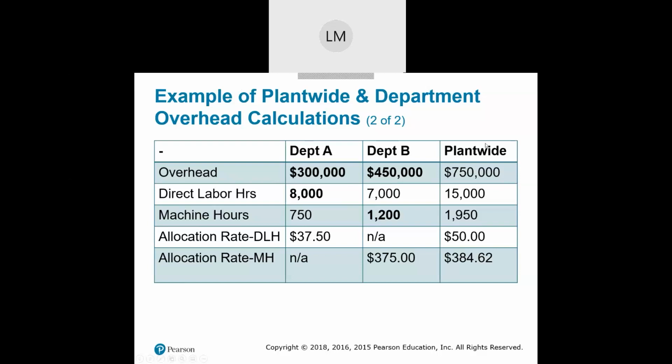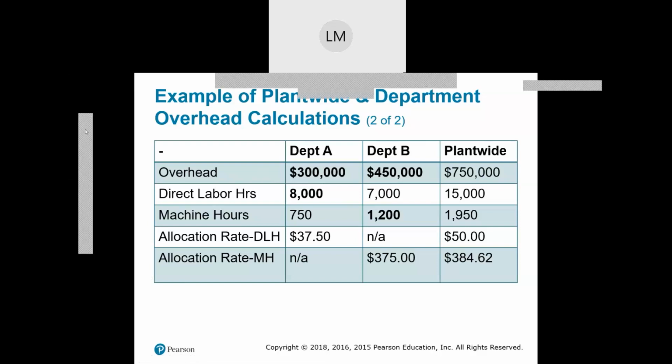Then we're going to compare a plant-wide allocation rate of overhead based on either direct labor hours or machine hours. And we're going to compute all that. And then we'll see a few slides down the effect of that.